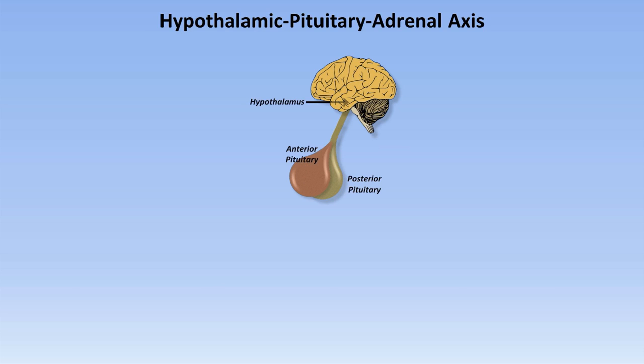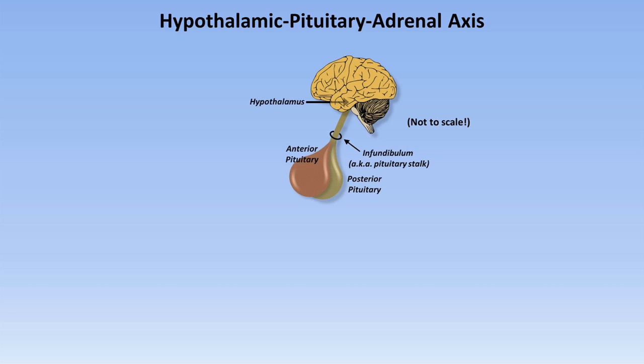The posterior pituitary is in physical communication with the hypothalamus via a structure called the infundibulum, also known as the pituitary stalk, and the hypothalamus is in communication with the anterior pituitary via blood vessels that carry blood away from the former and to the latter to allow targeted delivery of hormones. This is called the hypophyseal portal system. Please note that this schematic is not drawn to scale. In reality, the pituitary gland is much smaller than the brain.